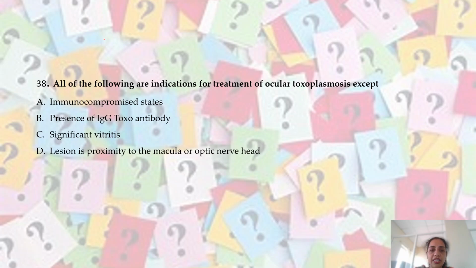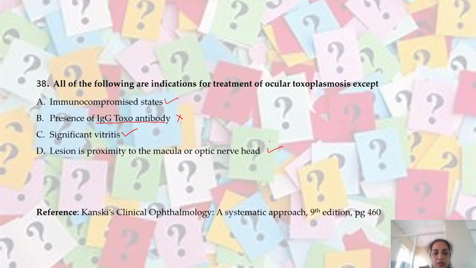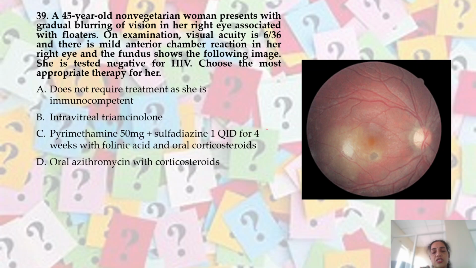So indications: immunocompromised states, you certainly treat. Presence of IgG toxo antibodies has got nothing to do with the treatment. Presence or absence of IgG will not dictate whether you decide to treat a patient with ocular toxo or not. Significant vitritis, yes. Lesion in proximity to the macula or the optic nerve head, yes. Okay. So these are the indications for treatment.